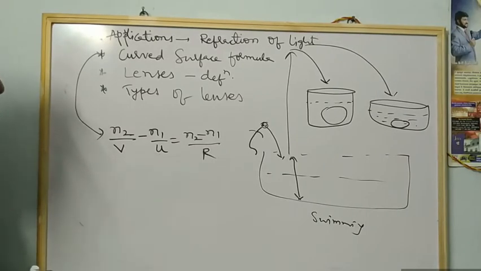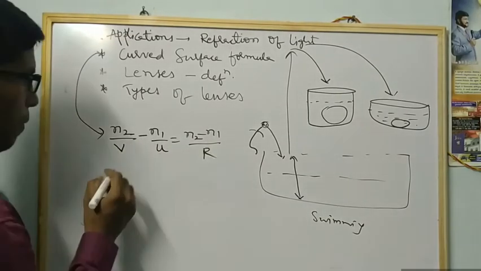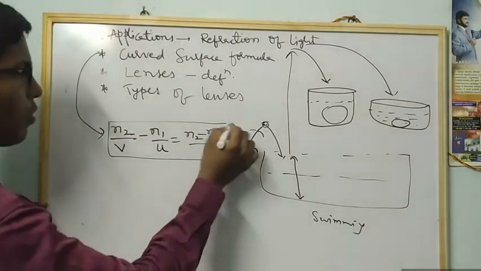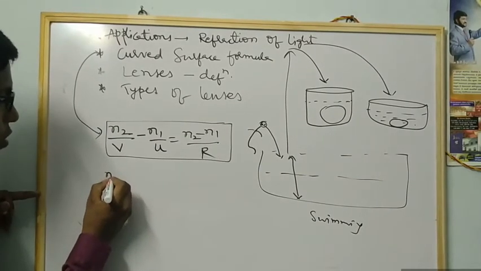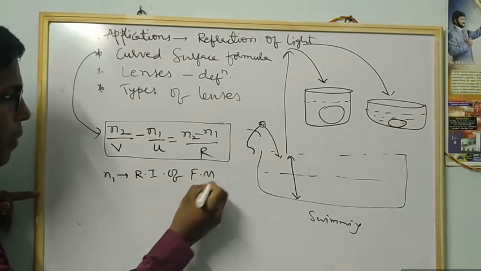You know that U is the object distance, V is the image distance, N2 is the refractive index of the second medium, R is called the radius of curvature. So this is the formula, N2 by V minus N1 by U is equal to N2 minus N1 by R. So you have to write N1, refractive index of the first medium.